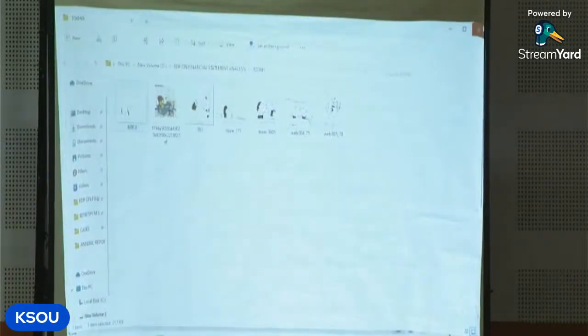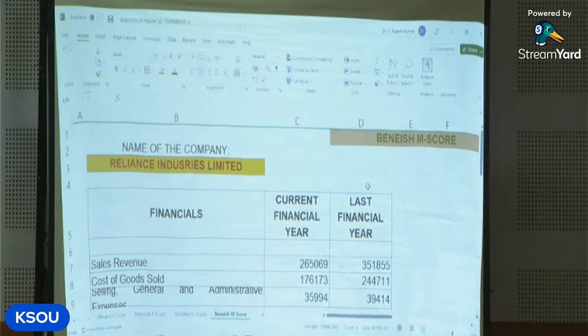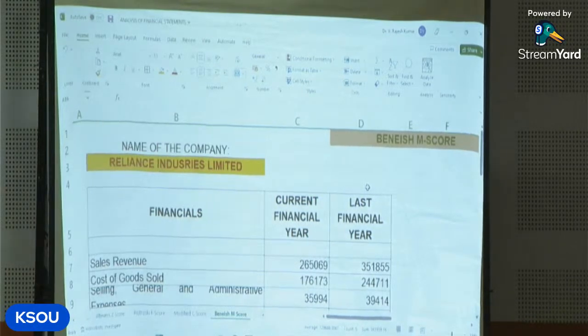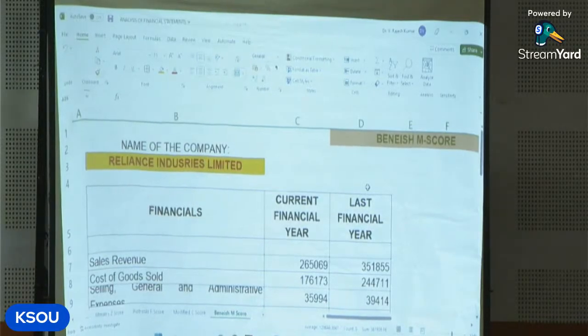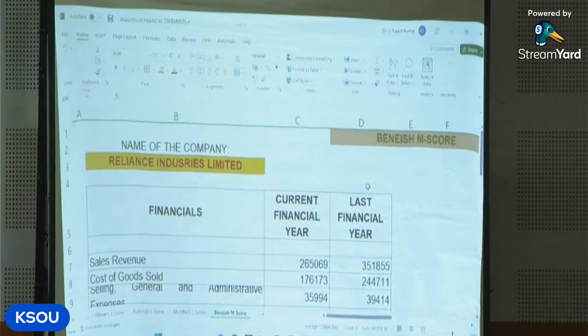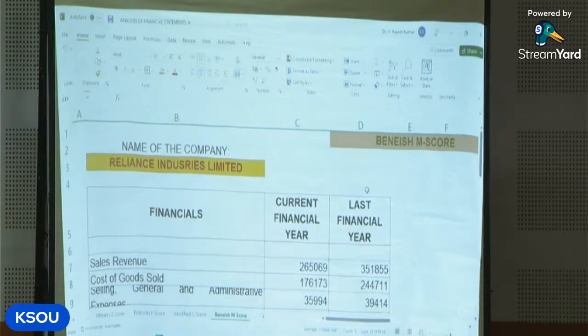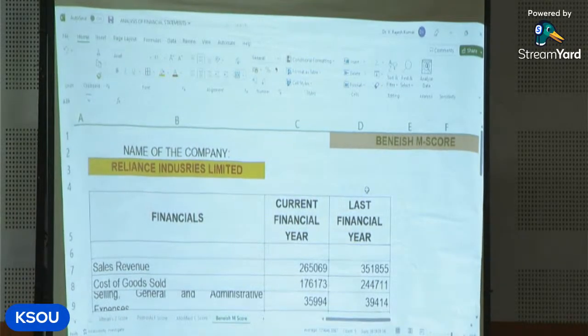Now, what does all this indicate? What is all this pointing towards? This is common. This happens. We discuss so many models: DuPont, Z-score, Petrovsky. All this can work if the financial statements are authentic, reliable. How to ensure that?